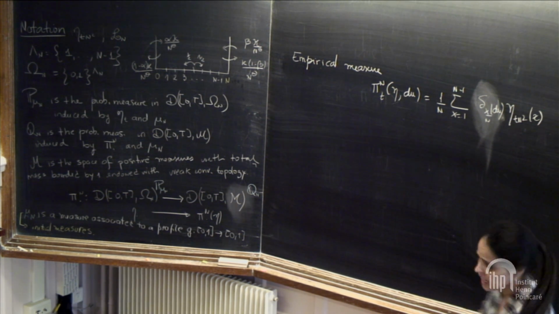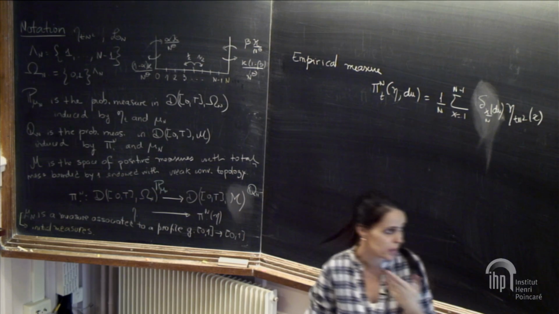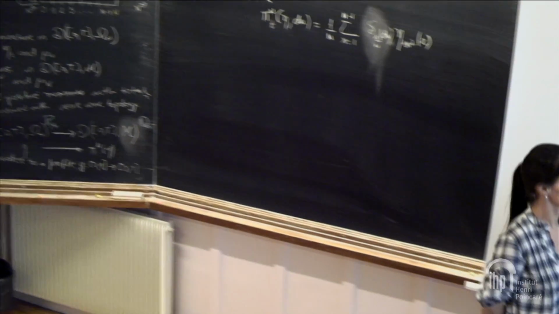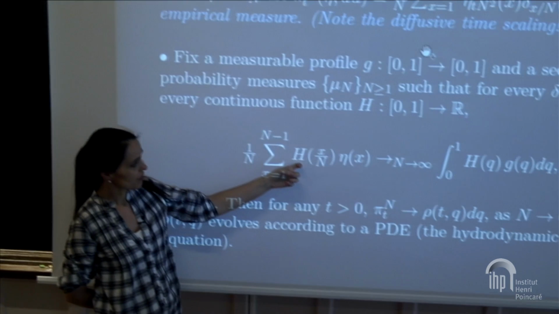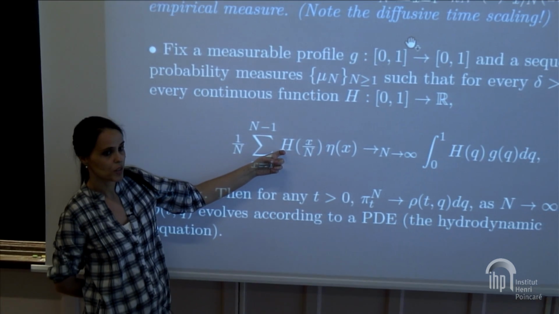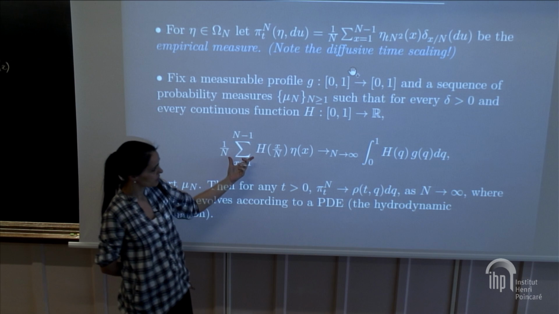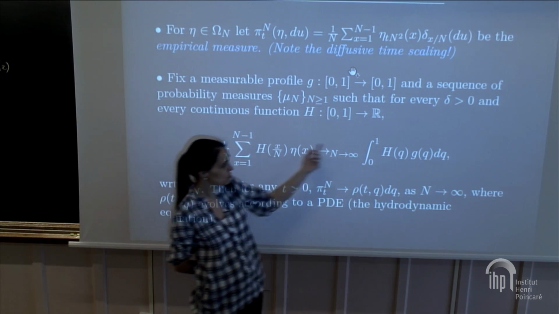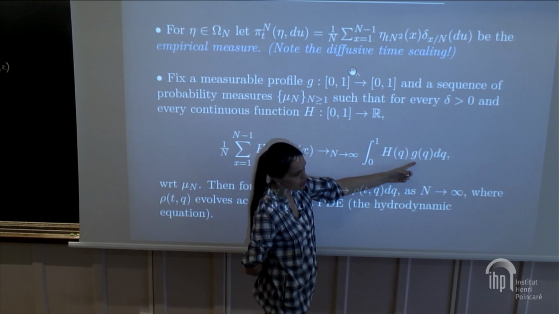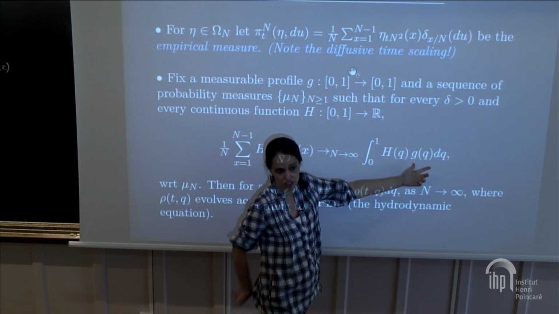So being associated to a profile means that this thing is true with respect to mu n. This is just the integral of a test function h with respect to the measure pi n at time 0. And it means that the measure pi n at time 0 converges to a measure which is absolutely continuous with respect to the Lebesgue measure and whose density is exactly the function that I am fixing.